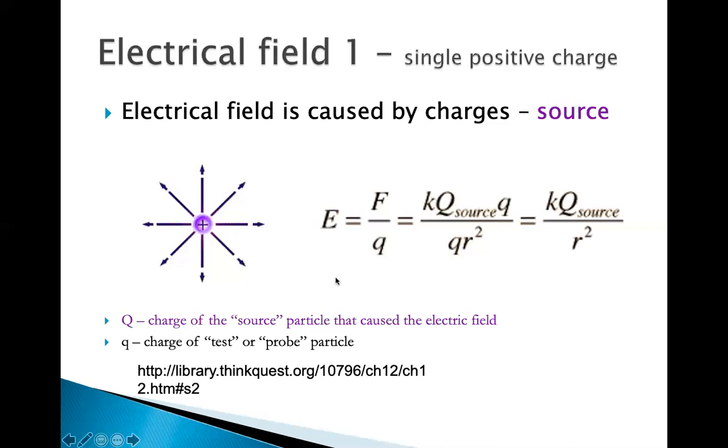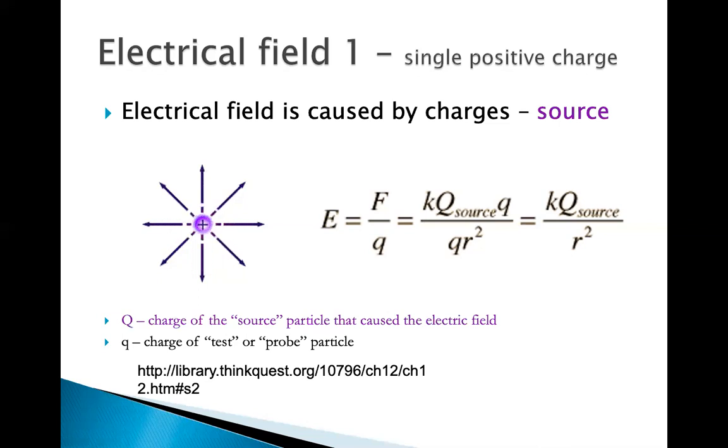Electric field of a point charge. So here the source of this electric field is the charge, as shown as the positive charge in purple color. And the electric field created by it is k times the charge of the source over r squared. So that's from the source to the field.